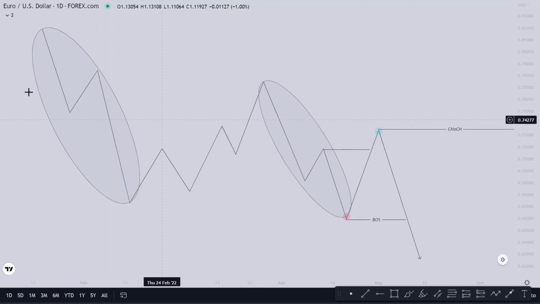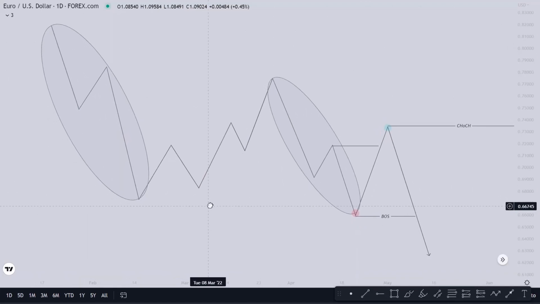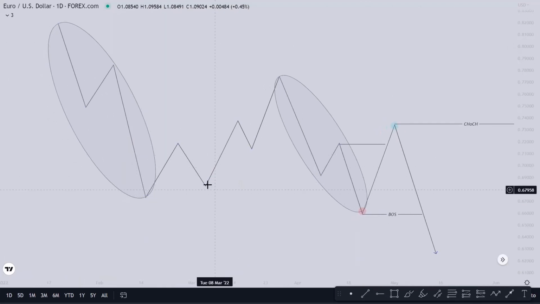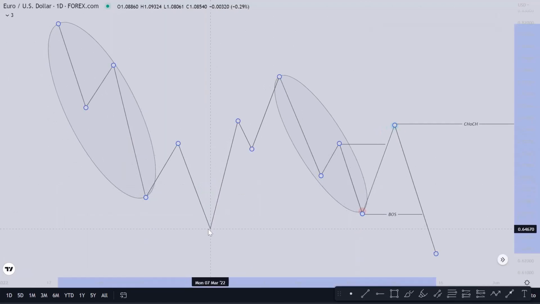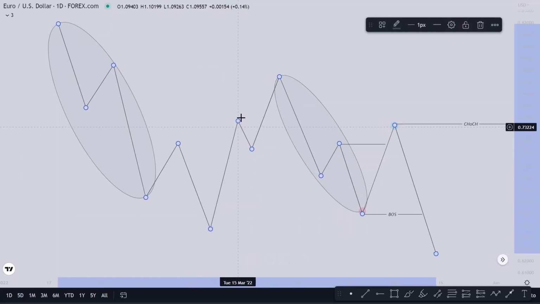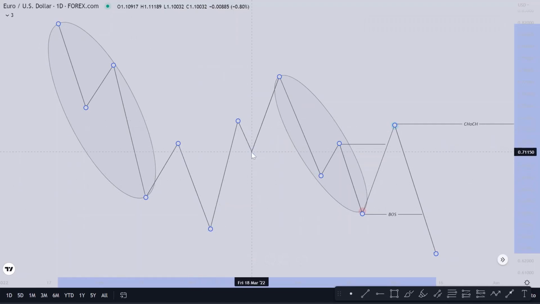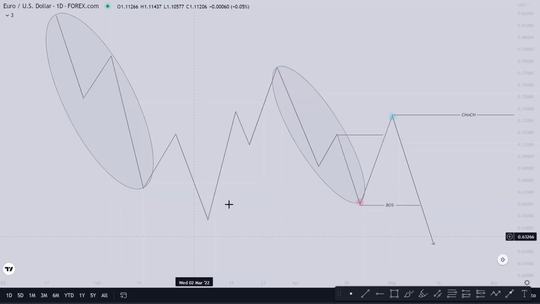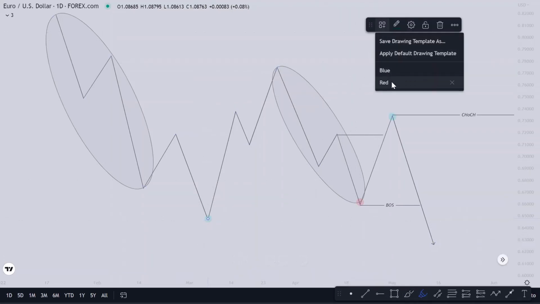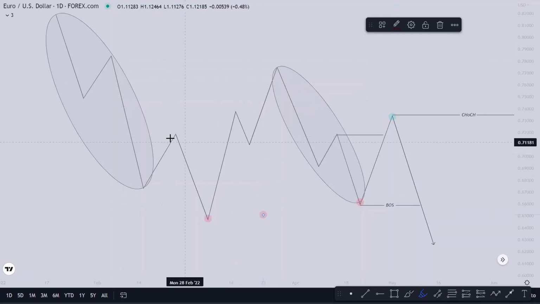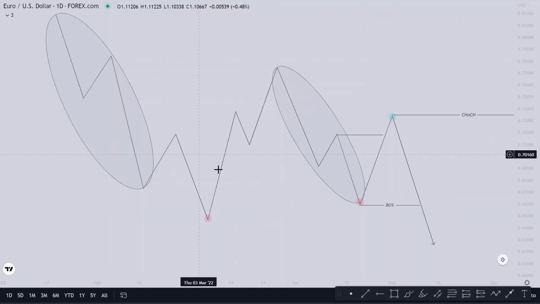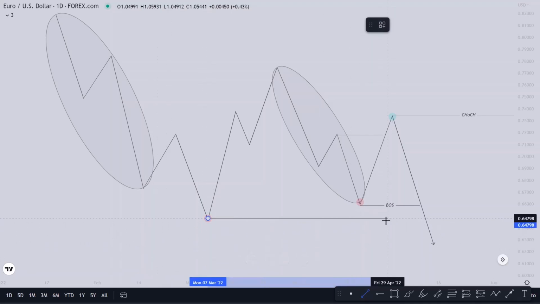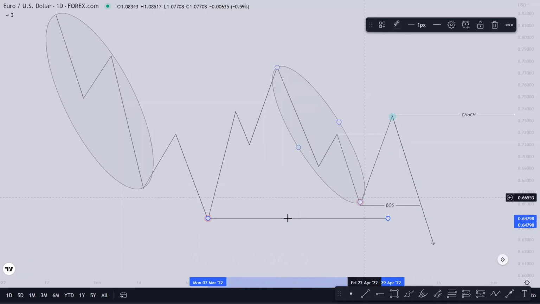Similarly, if I go here, ignoring all of this, and go back to the scenario that I provided, having a low right here, and then breaking, this is my low right here. Since we broke this level, breaking this level is a breakout structure.